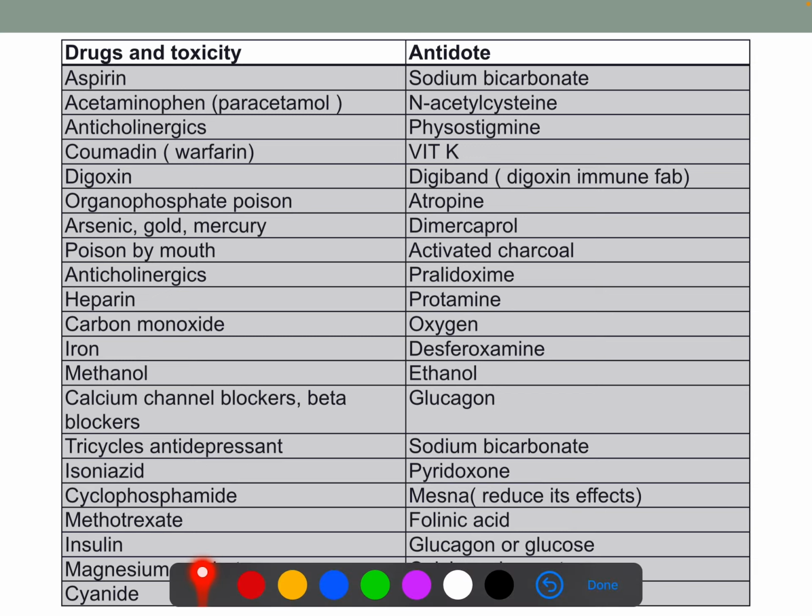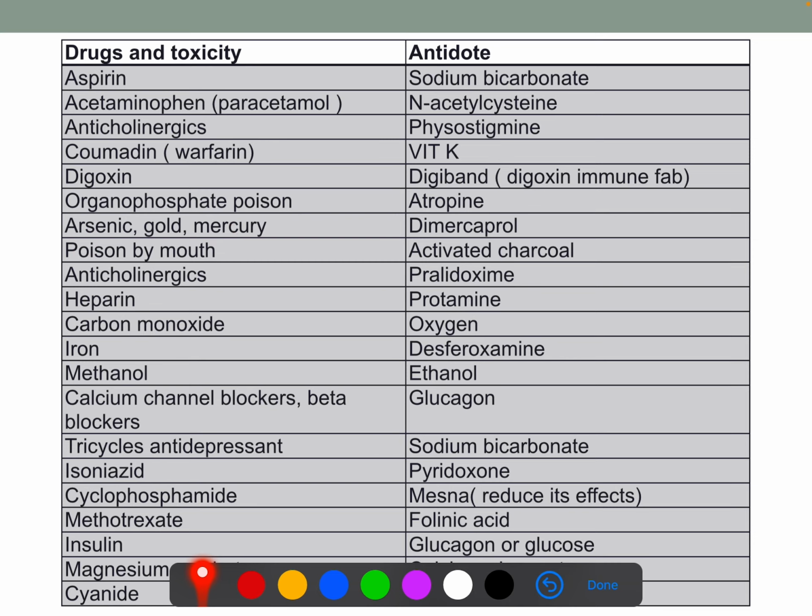Aspirin, sodium bicarbonate. Paracetamol, N-acetylcysteine. Anticholinergics, physostigmine. Codeine, morphine, naloxone. Warfarin, vitamin K. Digoxin, sometimes digoxin immune Fab, DigiBind, A and B, like that the question will also be there. Organophosphate poisoning, atropine. Arsenic, gold, mercury, all three dimercaprol.